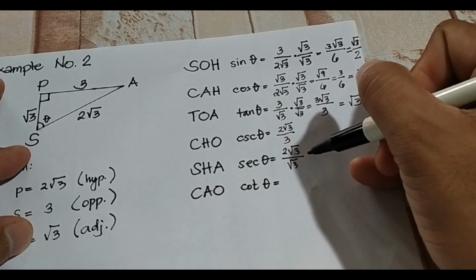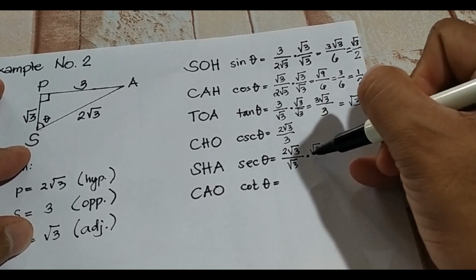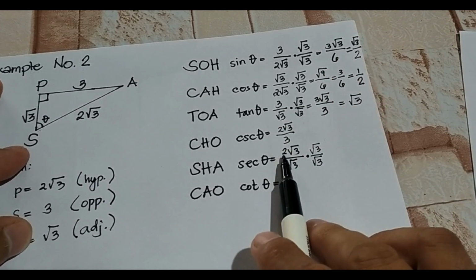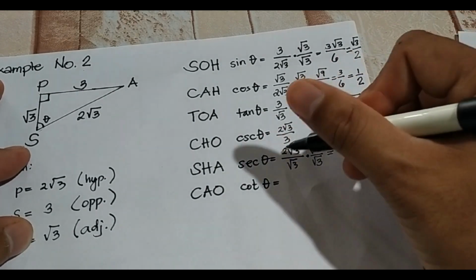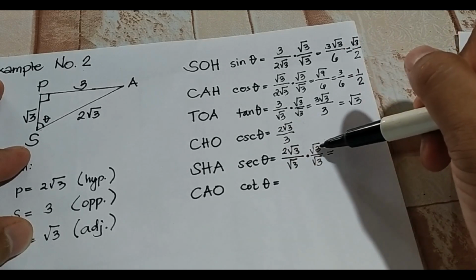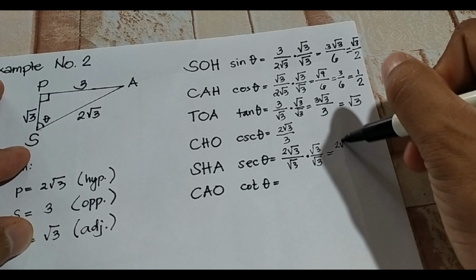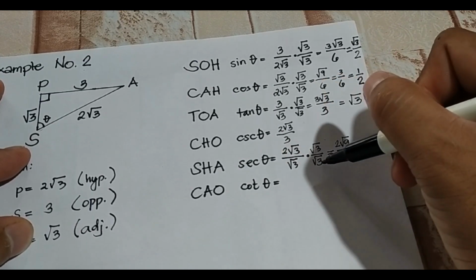So we multiply square root of 3 over square root of 3. So again, we have 2 square root of 3 times square root of 3. We'll just go directly. Square root of 3 times square root of 3, that is 9. So 2 square root of 9 all over 3 times 3, 9.